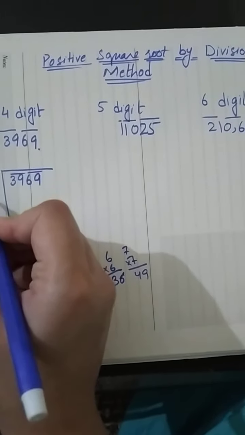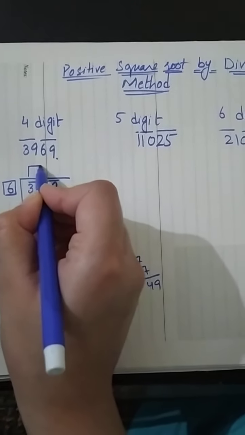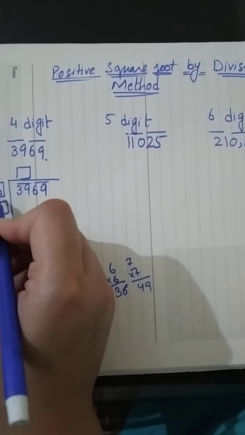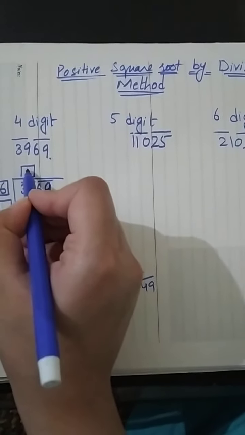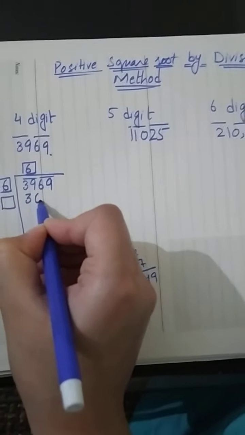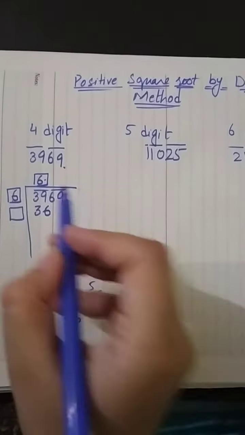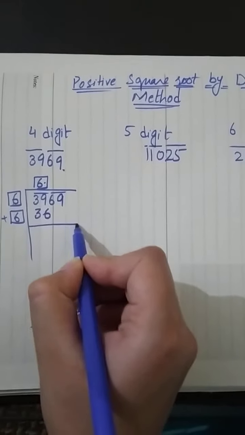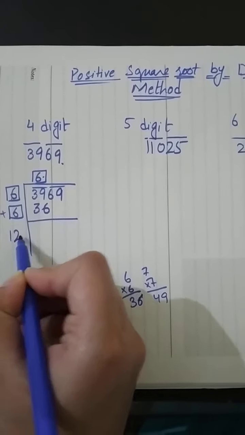So I am putting 6, the perfect square digit, as a divisor as well as in the quotient. Whatever number is written in the quotient, you have to add it to the divisor to move to the next step. 6 plus 6 is 12. Now you have 12.